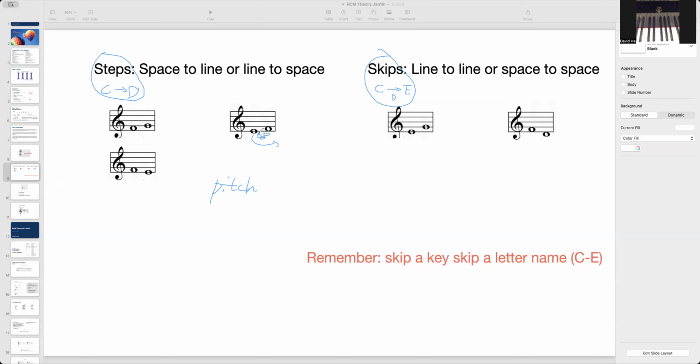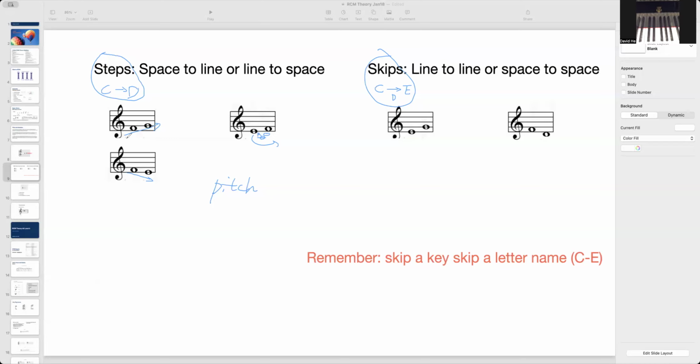So C, D, and E. And then you take a look at the tendency. If this note is going up or going down, if it's from a space to a line or a space to a space, you decide if it's a step or a skip.